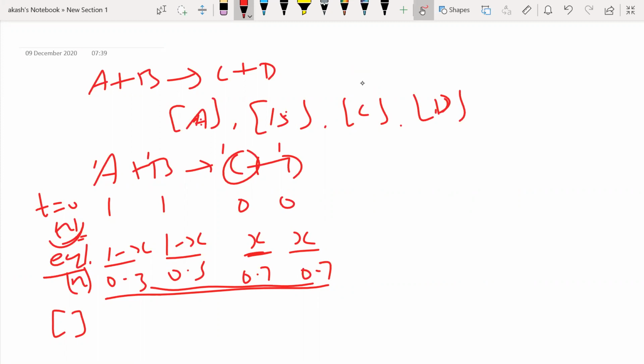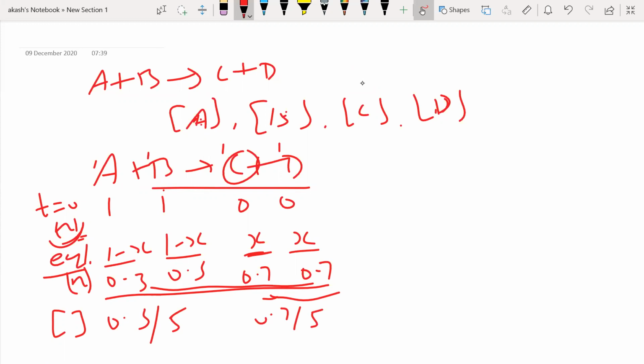Everything is happening in the same vessel, so you don't have different volumes for A, B, C, D. So the total vessel's volume only we take. So the answer would be 0.3 divided by 5 liters for both of these, and 0.7 divided by 5 liters for both of these. That's the answer.